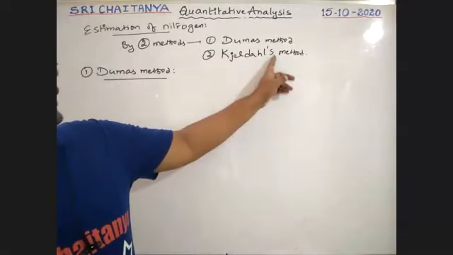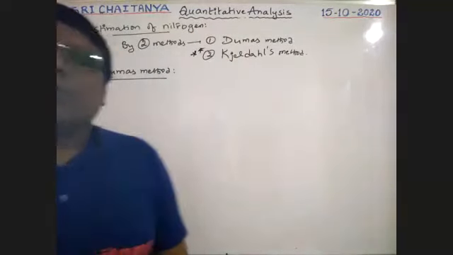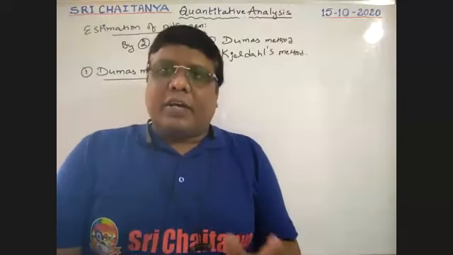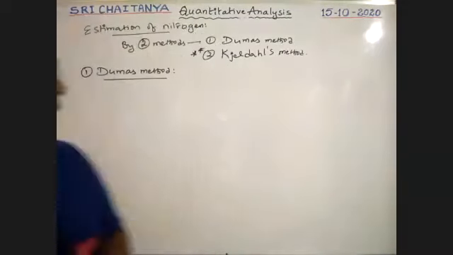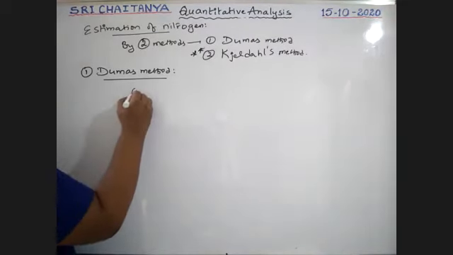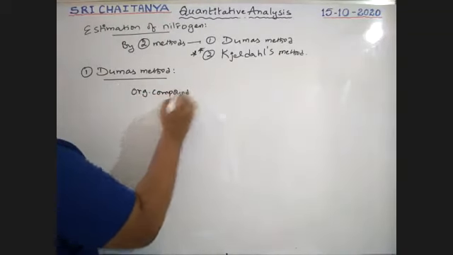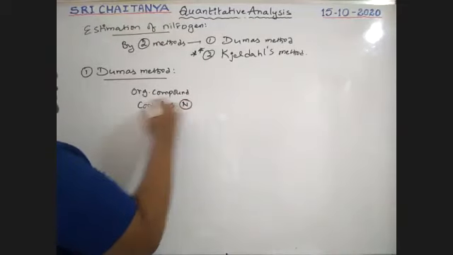Kjeldahl is very, very, very important. Okay. So Dumas method and Kjeldahl's method. First of all, a simple one, that is Dumas method. I am going to complete it, boys. See here, Dumas method. So what is that? Consider our organic compound. It contains nitrogen.